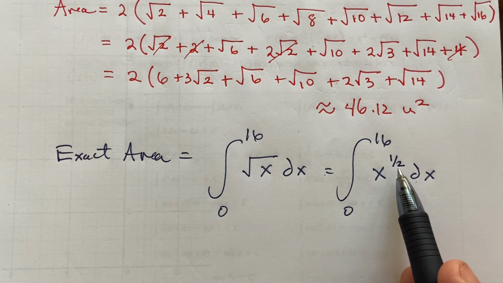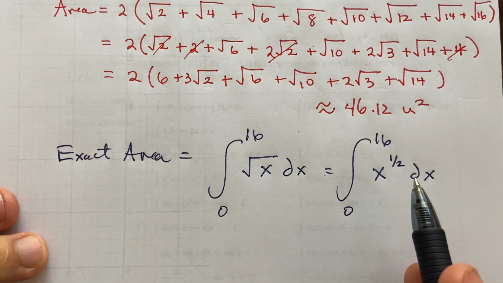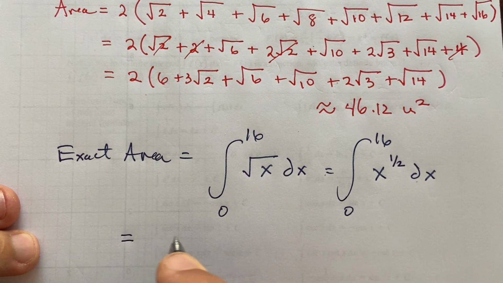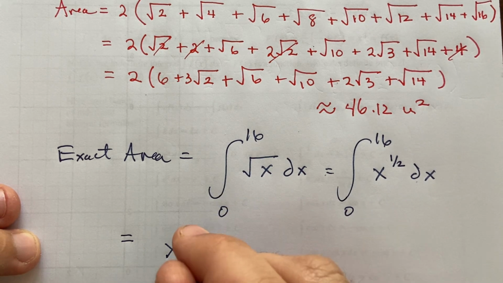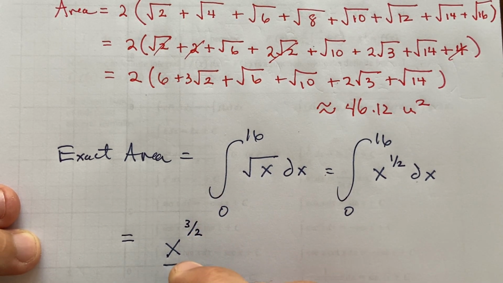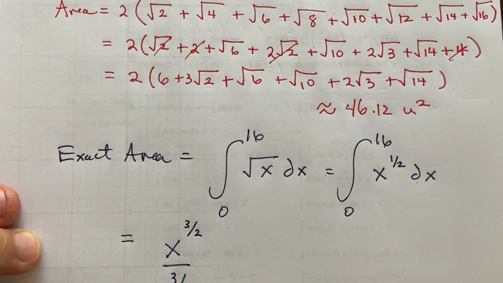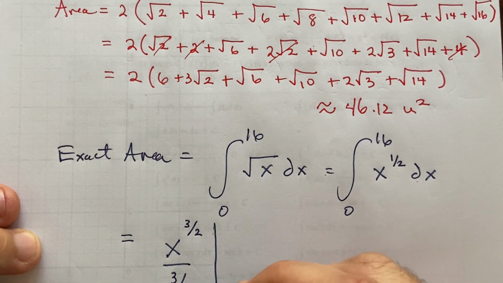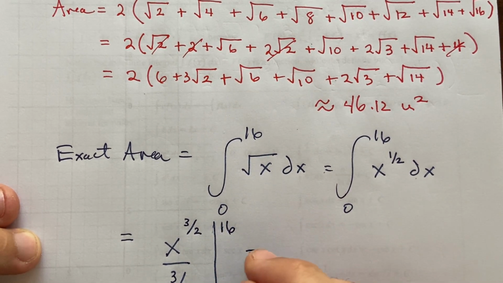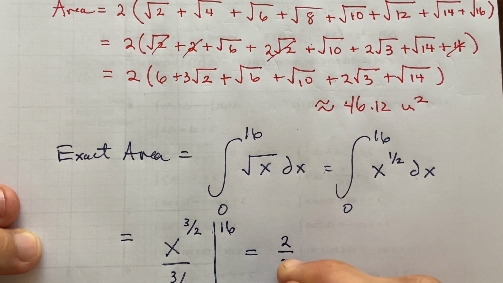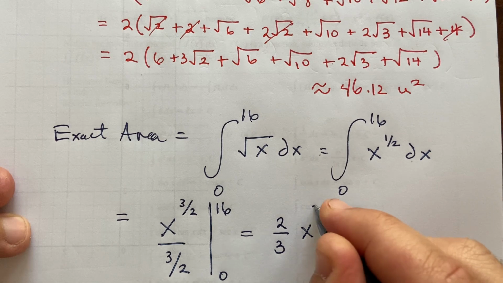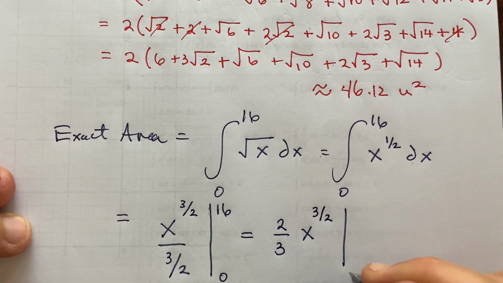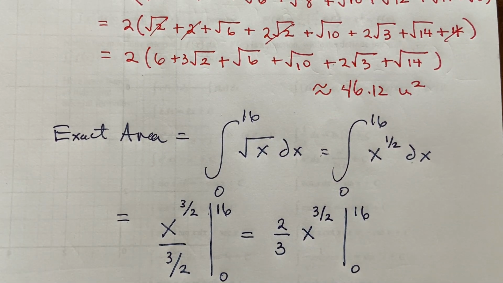Raise the power by 1, divide by that new power. So I would have x to the 1/2 plus 1, which is now 3/2. Divide by 3/2. We're evaluating that from 0 to 16. So that would be the same as 2/3 x to the 3/2, and then 0 to 16.